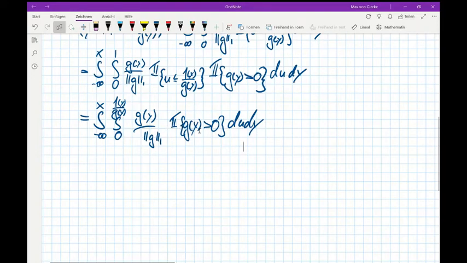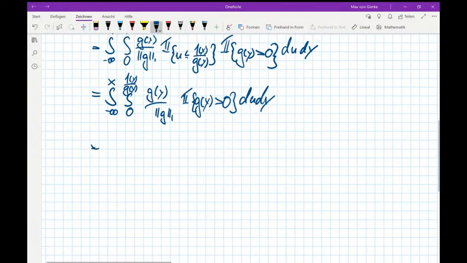U doesn't appear here, so we just move everything out of the inner integral and just have the inner integral over a constant 1.